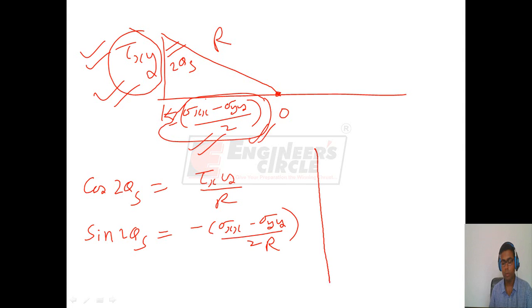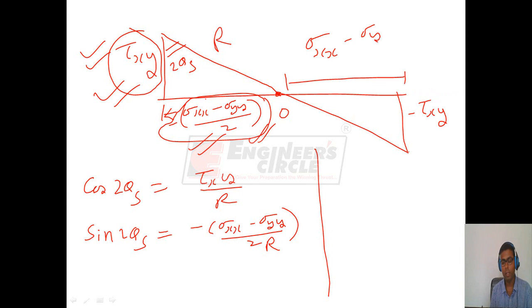Again this has two sets of roots, one this and another can be found by drawing the diagram in this manner. This becomes minus tau xy and this becomes (sigma xx minus sigma yy) by 2. This angle is 90, this is 90, these two angles are vertically opposite. Therefore the third angle will also be equal in these two triangles.